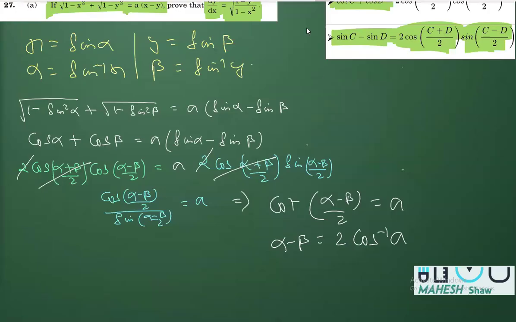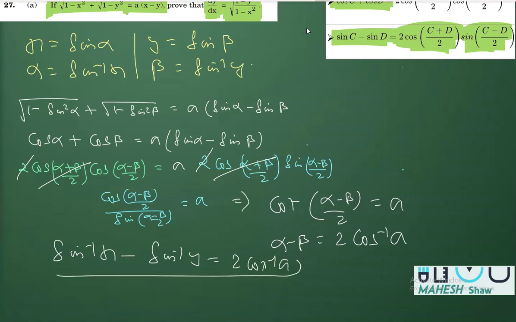Now I'm going to replace alpha and beta with sine inverse x and sine inverse y. Replacing alpha with sine inverse x, this is going to be sine inverse x minus sine inverse y is equal to 2 cot inverse a.